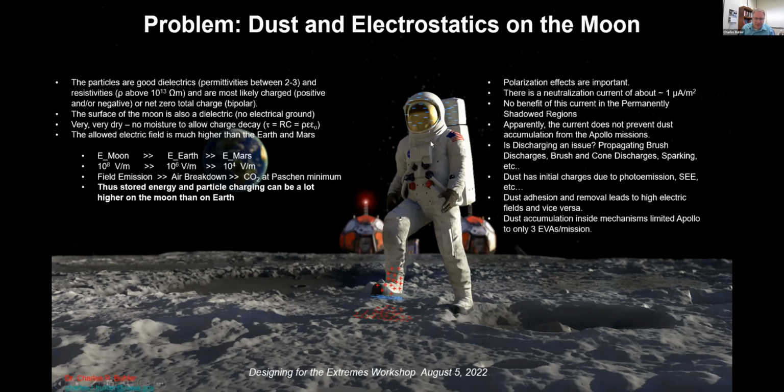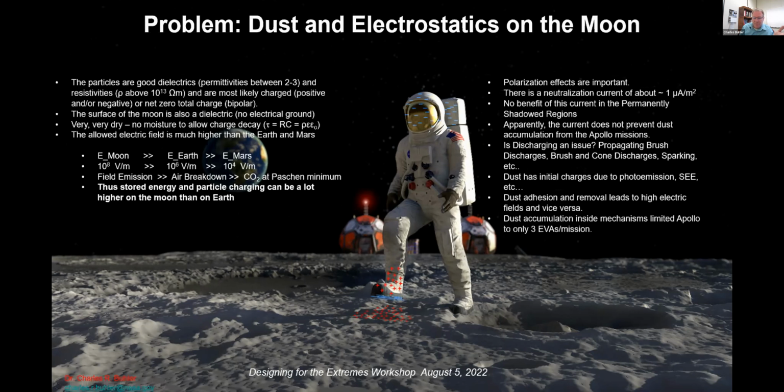And that happens here in the astronaut suit. Assuming all this MLI is conductive or the skin of the astronaut is conductive, you can get charge separation, even though the field that was created is way down here by his feet. The polarization effects transfer that charge and that current as far as it can. So these are things you have to think about when you're designing in a very dry, high field environment.